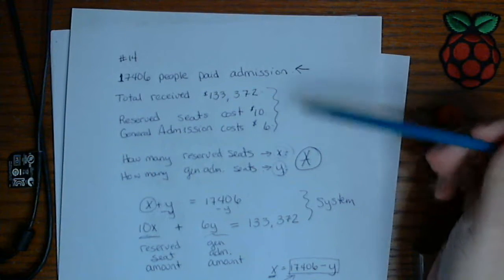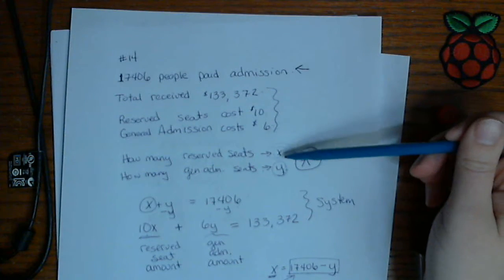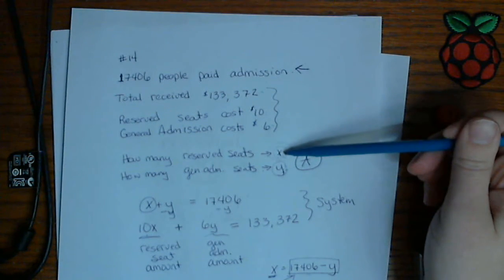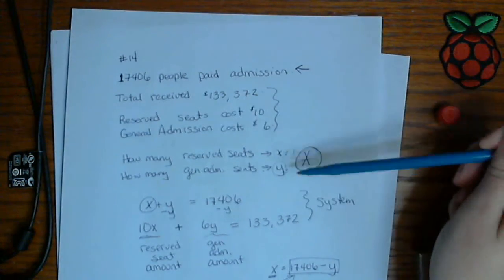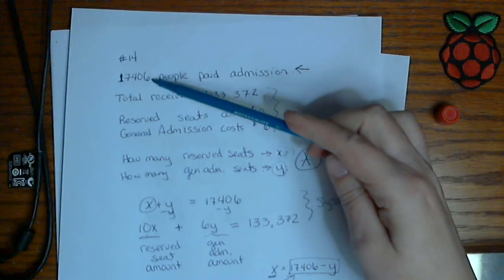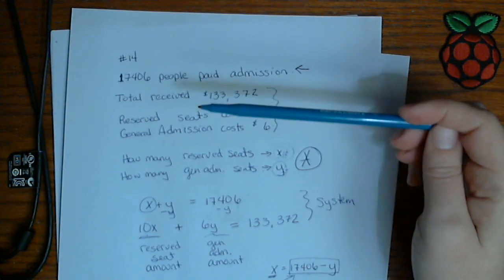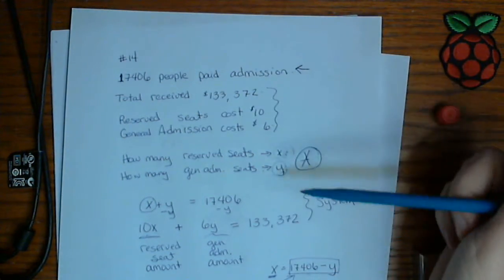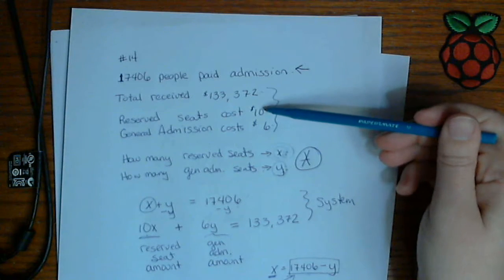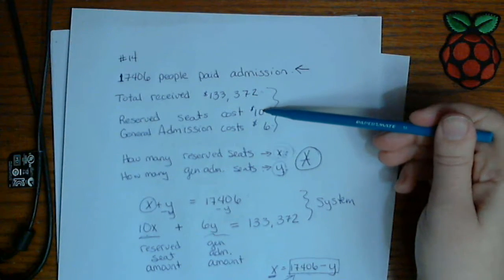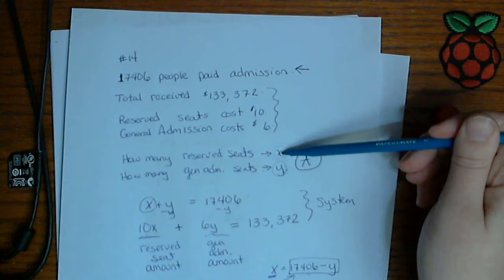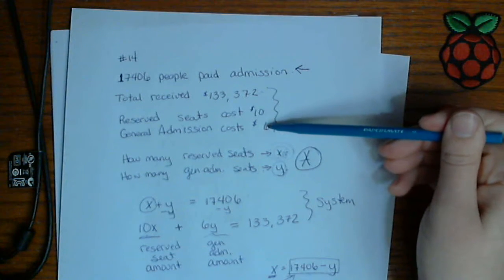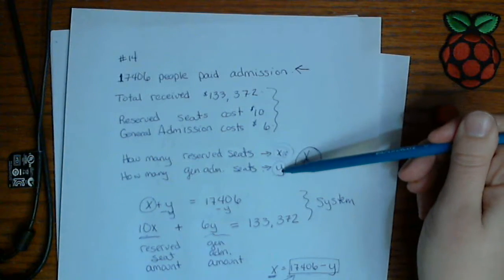Again, to figure out the equations, we needed two equations. The first equation, we knew that there was a total number of people of 17,406. So x plus y had to be 17,406. And then we used the fact that the total amount of money collected would have to be $10 times the number of reserved tickets plus $6 times the number of general admission tickets.